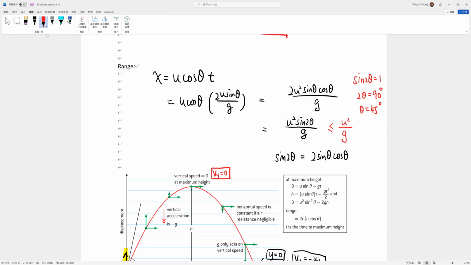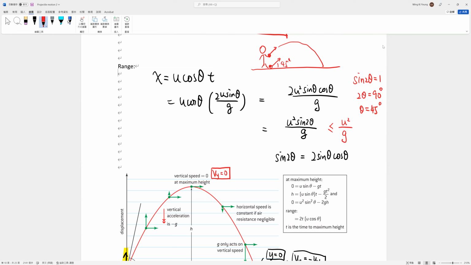But 45 degrees is only partly true, because when you throw the ball, you are not throwing from the ground. You are throwing from some height above the ground. If you throw from the ground, obviously 45 degrees will give you the maximum range.